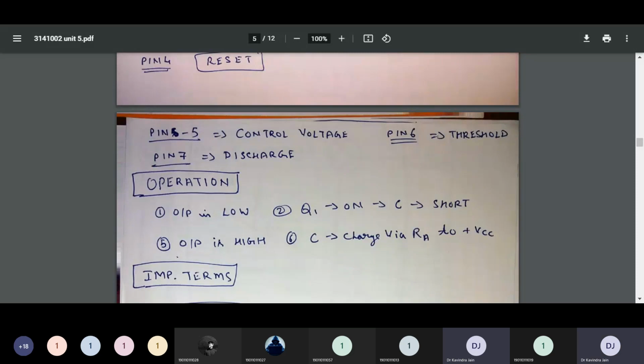Step number 6: capacitor C is charging up towards plus VCC through RA.